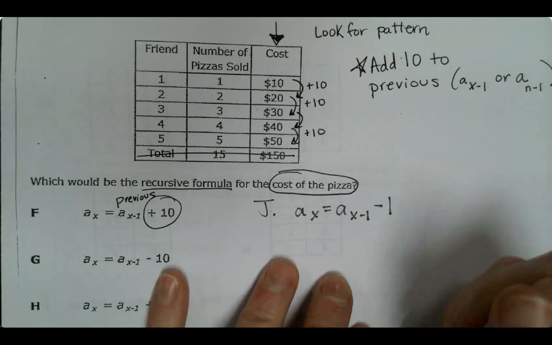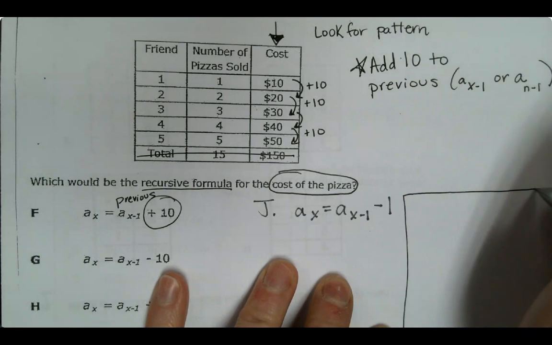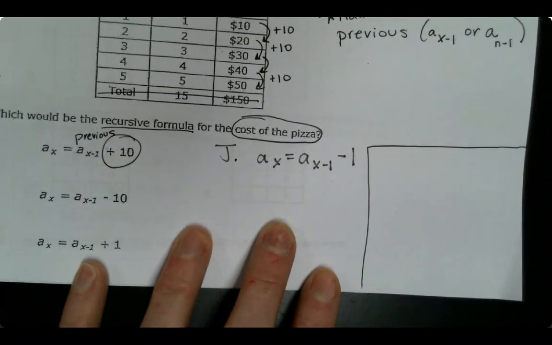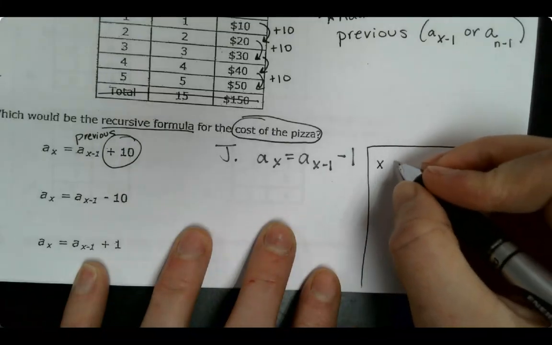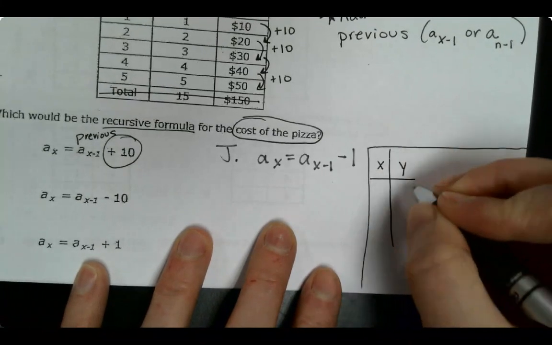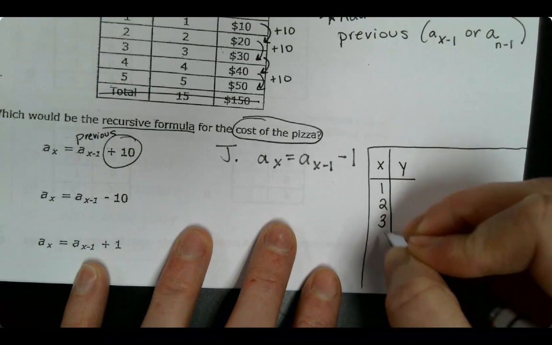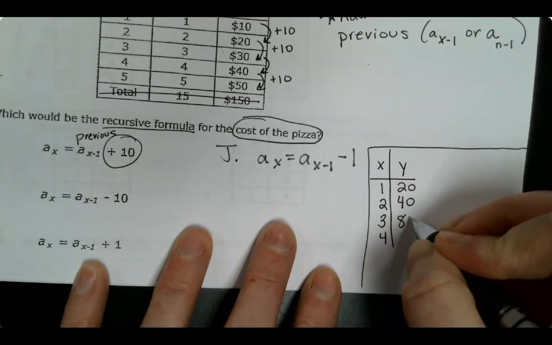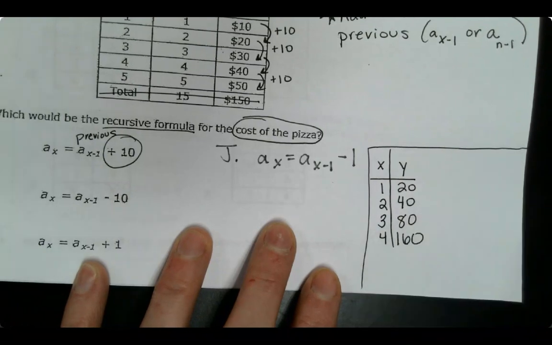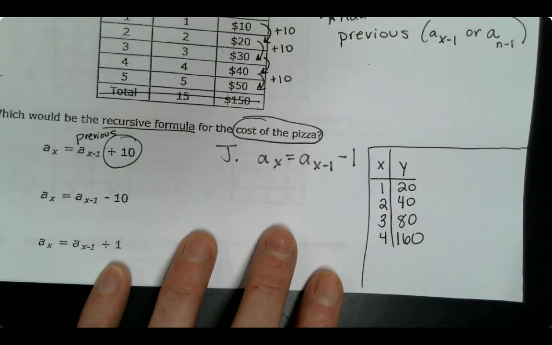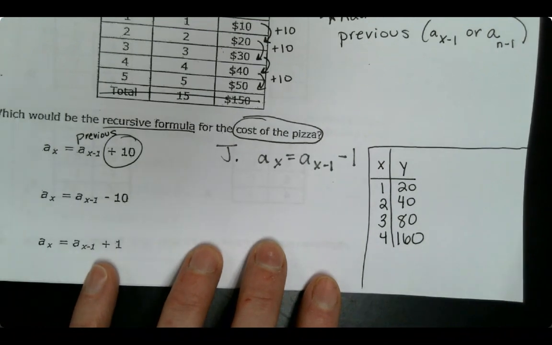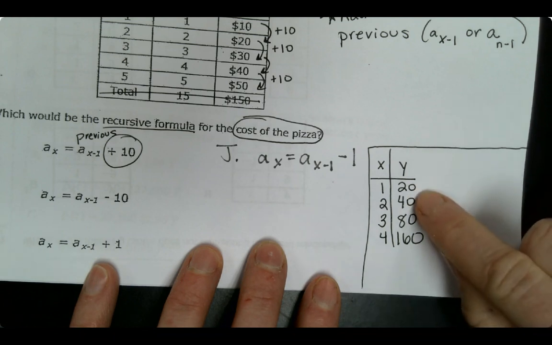The other kind of look that you'll see, so put a little box over here in the corner. This one was on your benchmark. It looks kind of like this, where it had a table. And it was a little bit different than just adding 10. Well, I add 20 here, then what would I add here?